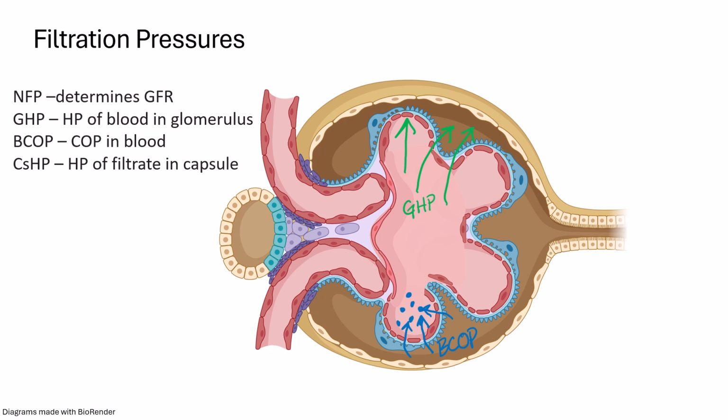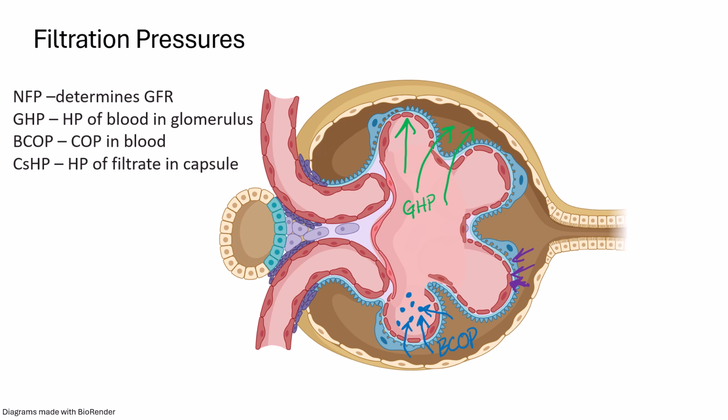Those colloids attract water. There is one more force or pressure that takes away from filtration, or discourages it, along with the blood colloid osmotic pressure. The fluid in the capsule actually pushes back on the glomerulus. Think of the glomerulus like a water balloon submerged in water.